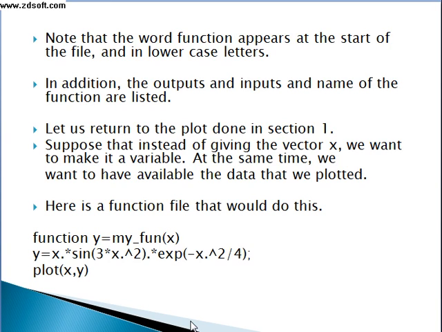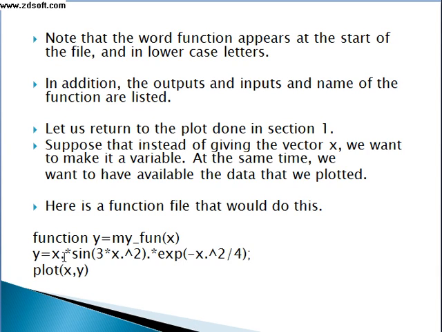Let us return to the plot done in section 1, that was x from minus pi to pi and y equal to x sin x and so on. Suppose that instead of giving the vector x, we want to make it a variable, and at the same time we want to have available the data that we plotted. So here's the function file that would do this.